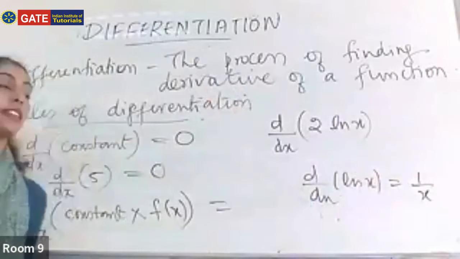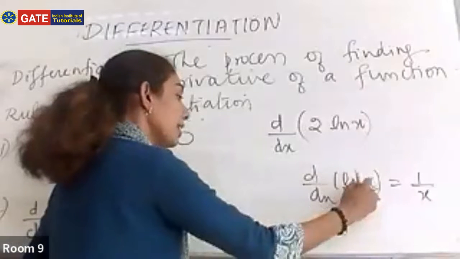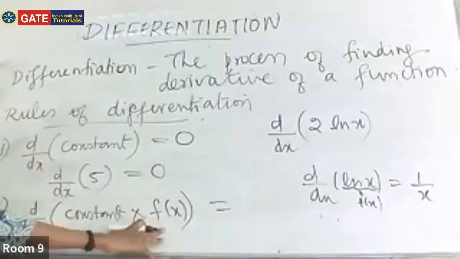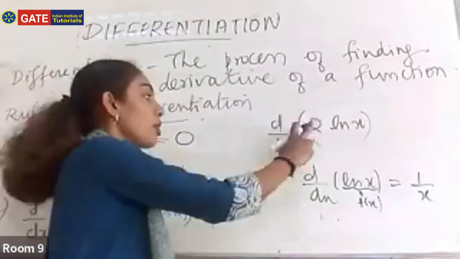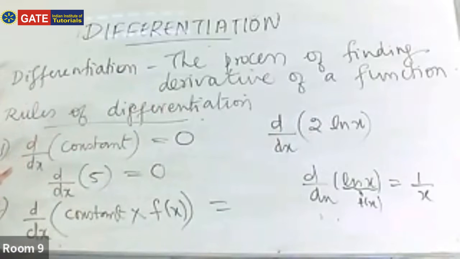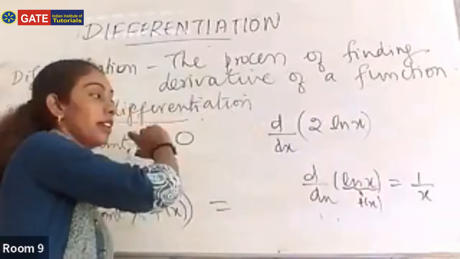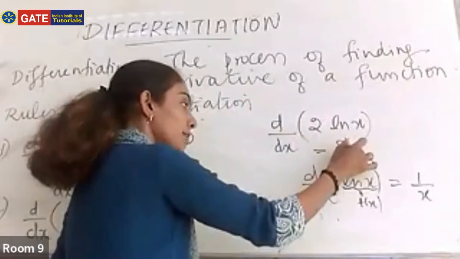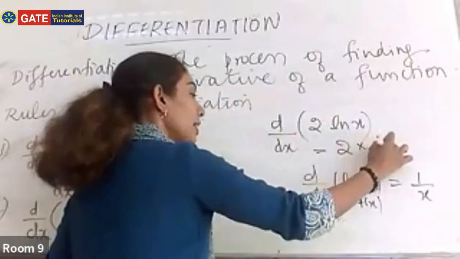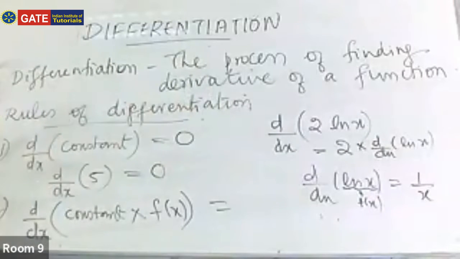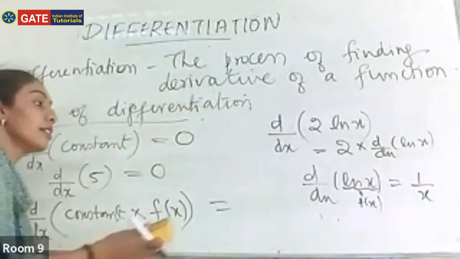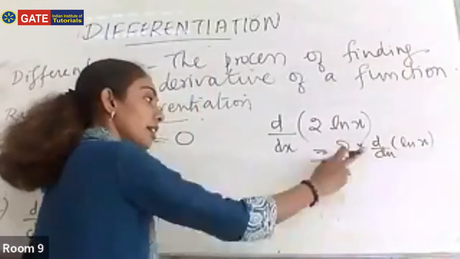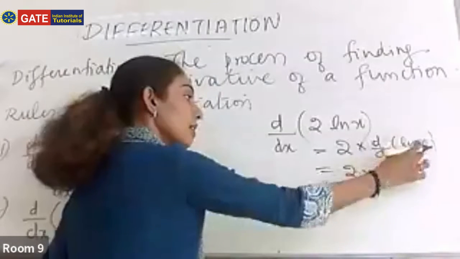Now, this is the function of x I'm taking. Let's say f of x. Here also function of x. Now here there is some constant multiplied with that function. So if it happens like that, you have to take the constant outside. So it will be like 2 times of the derivative of log x. You understood that? When you just take the constant outside, then it will be 2 times of 1 by x.